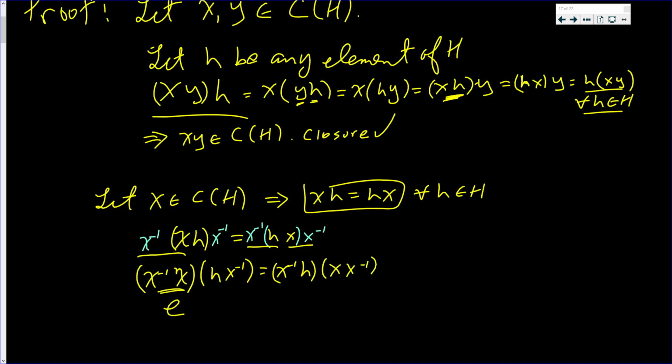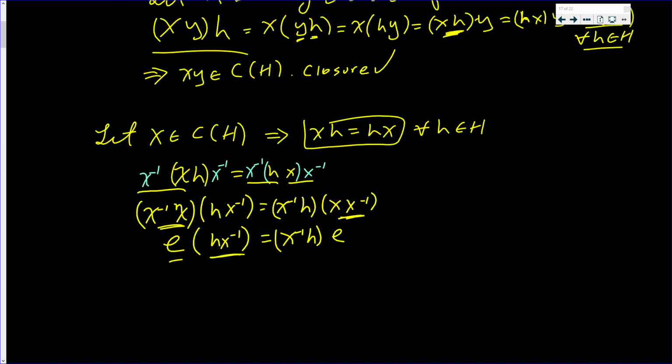That's E. So we have E times this, and that times E. Well, E times this is just this, and that times E is just that. And remember, this is for all H in H.